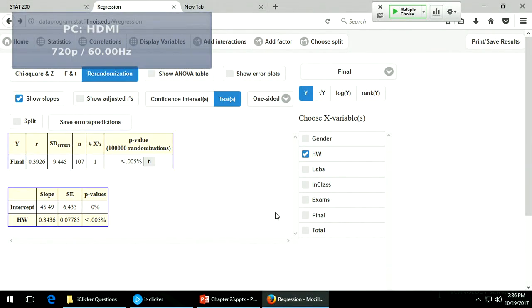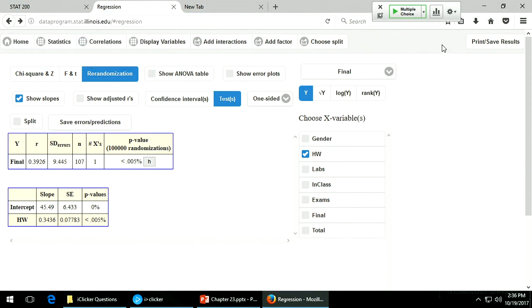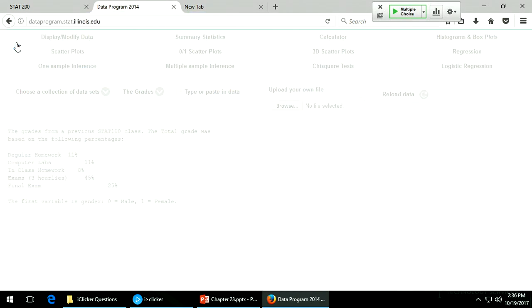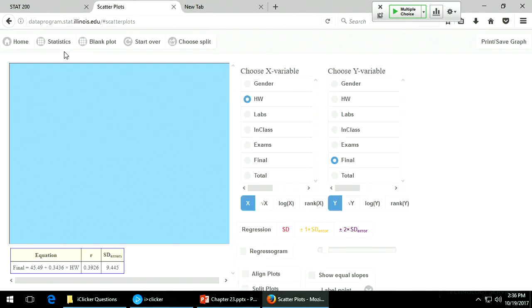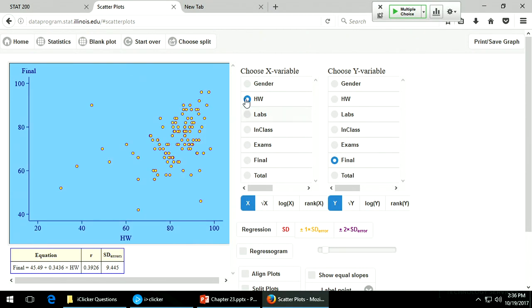When we go back here to this scatter plot, homework and final, does that look like almost impossible to have gotten that if it was from a population that just was random scatter? Does it look so unlikely to people?